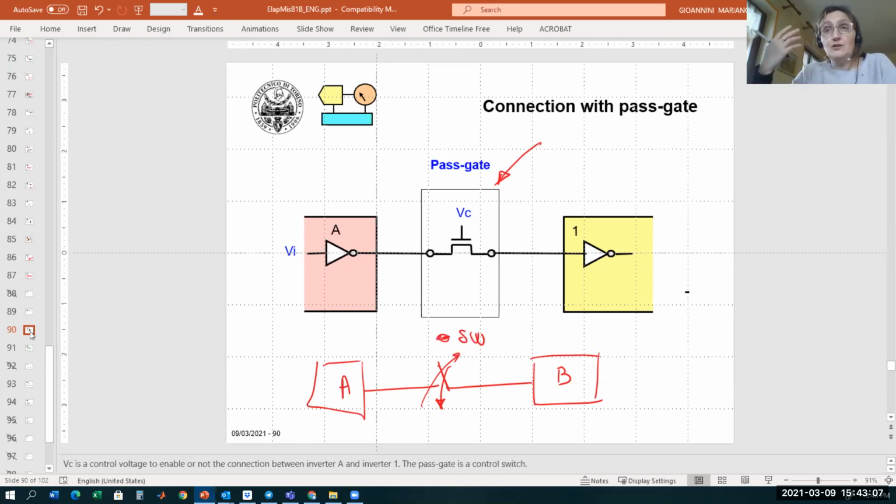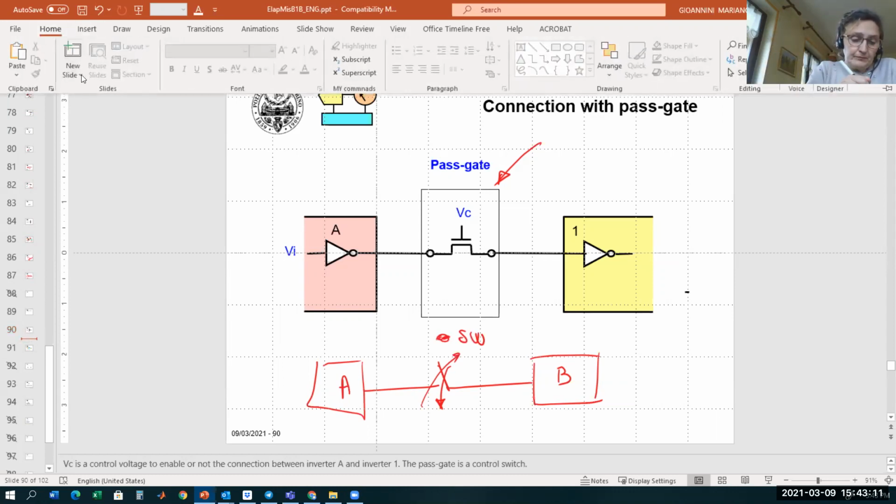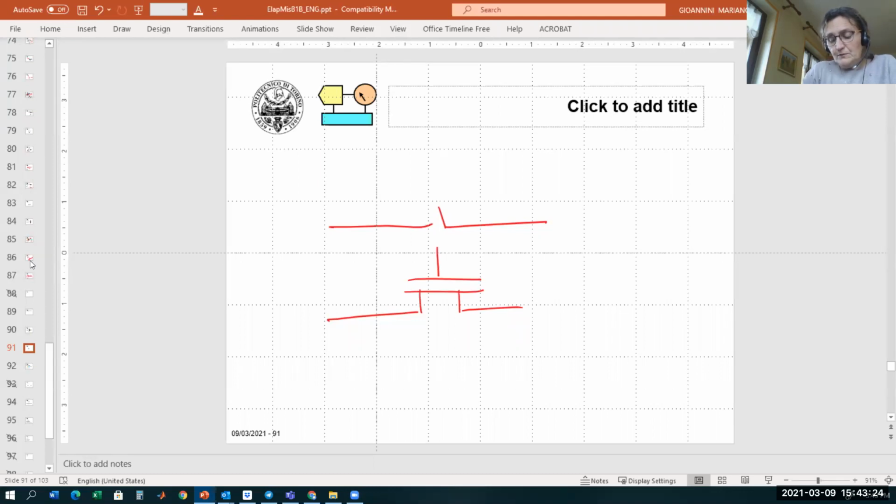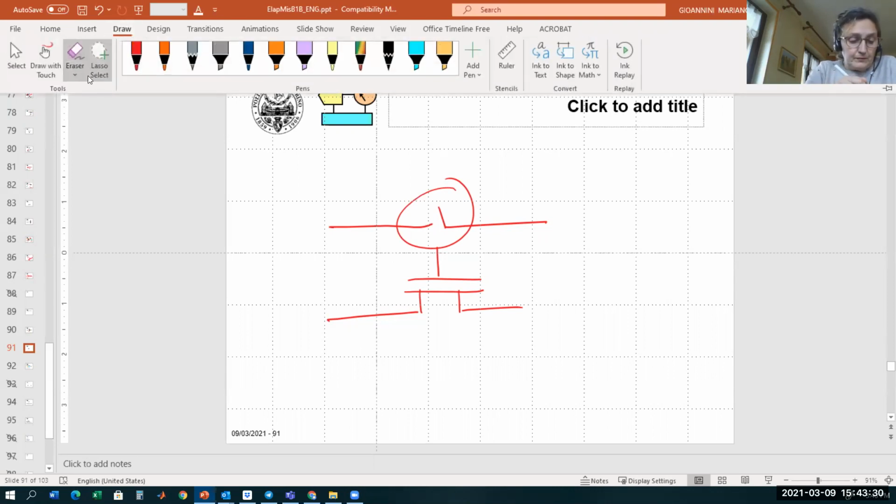In digital electronics, as you already learned, the circuit that makes a switch controlled by a voltage is realized with a MOS transistor.